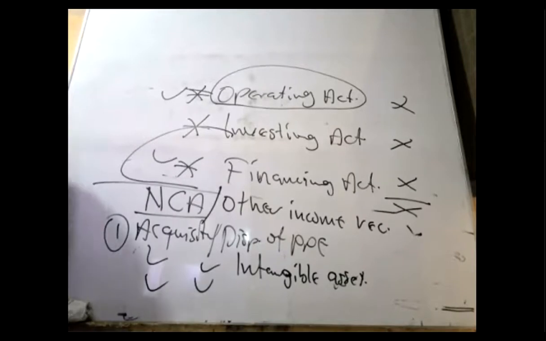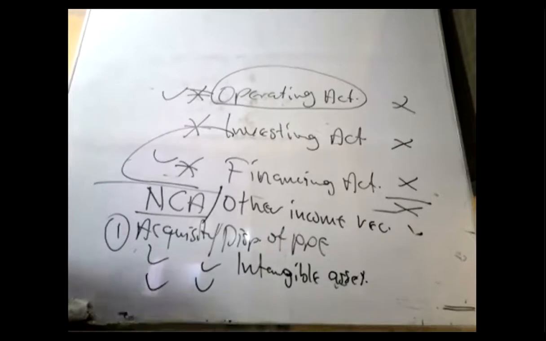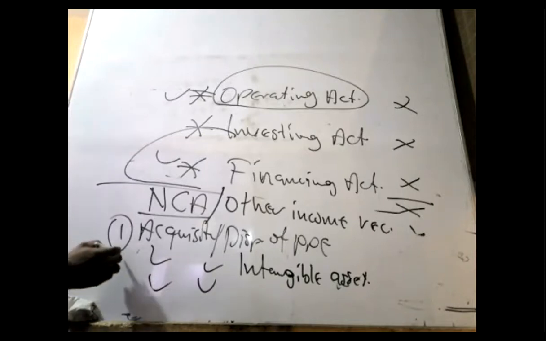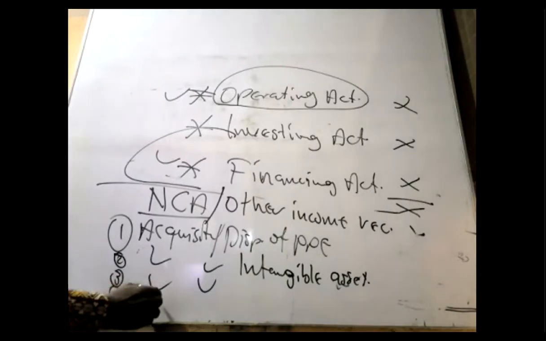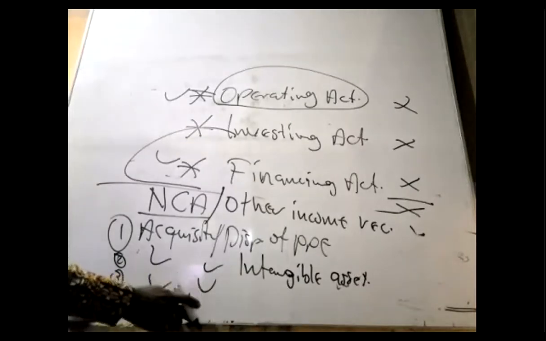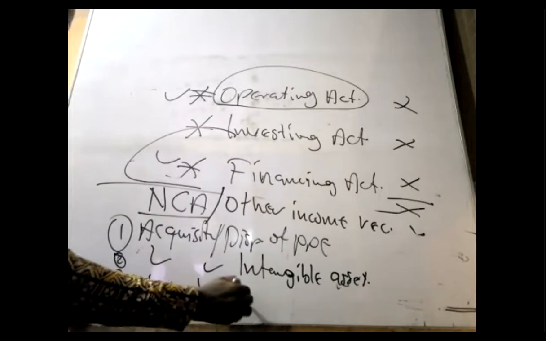Okay. Let's see. Now, other aspects that we need to look out for is other income. Any of the other income received. So this is number 2, number 3, number 4. Other income received, example, interest, or interest and dividend received.